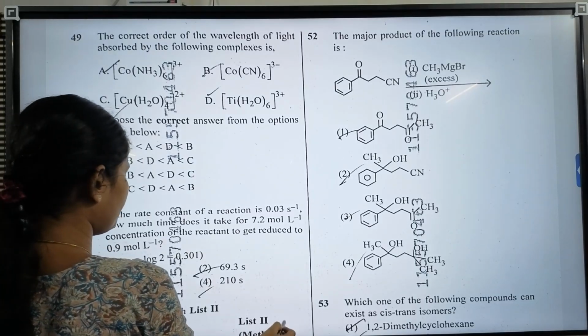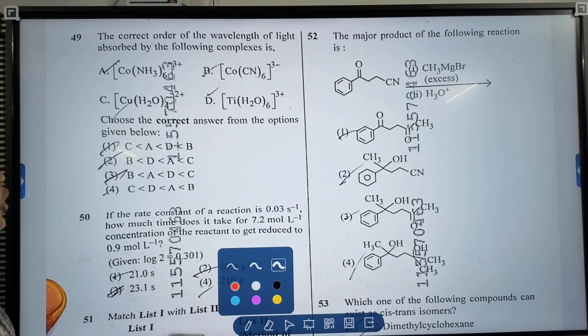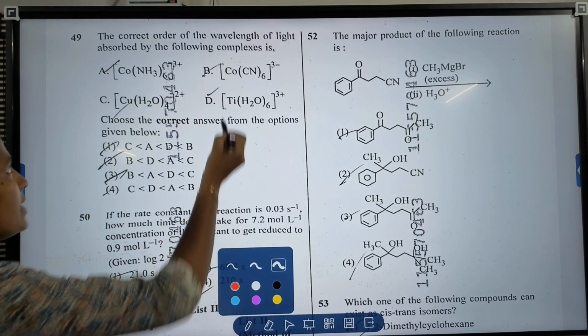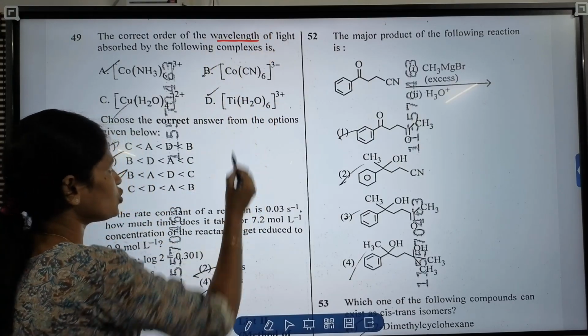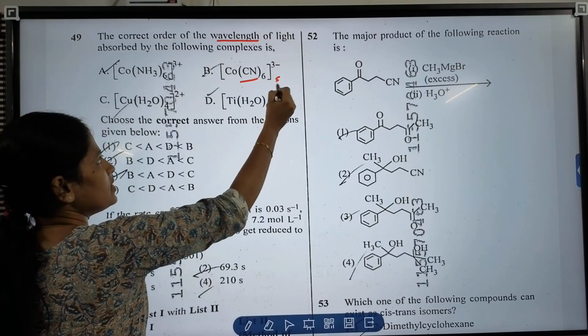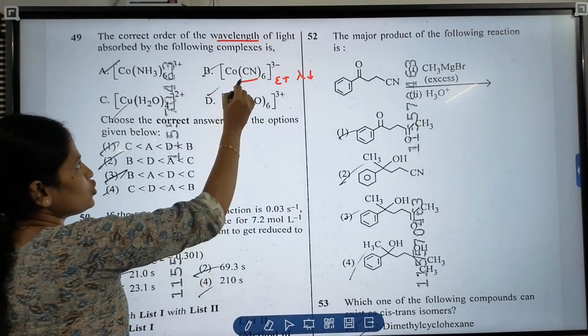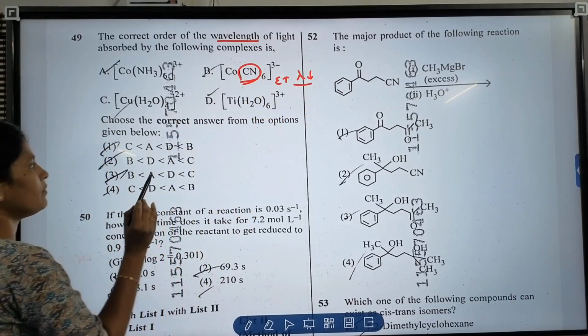49. Look at this. The correct order of the wavelength of light absorbed by the following complexes. They are asking about lambda. If it is a strong field ligand, the energy is more but lambda will be less. So it's a strong field, first and foremost, so that will have the least wavelength.